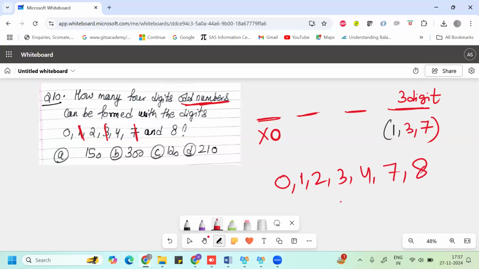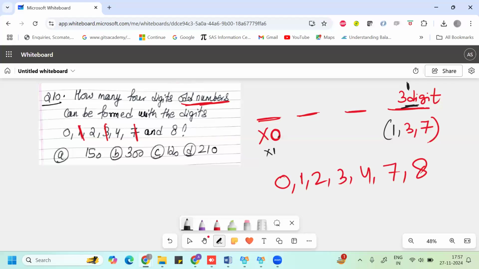Out of these 1, 3, and 7, you have used 1 digit here, either 1 or 3 or 7. Suppose I have used 1 here. So 1 I cannot use in the first place because I have used it in the last place to make it an odd number.